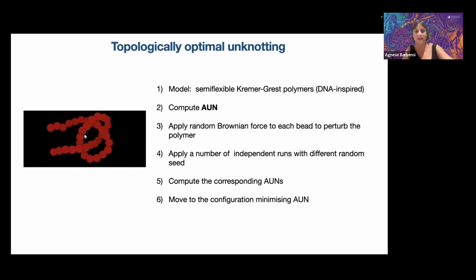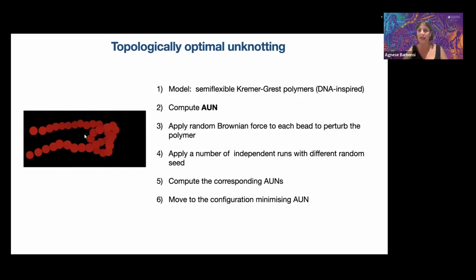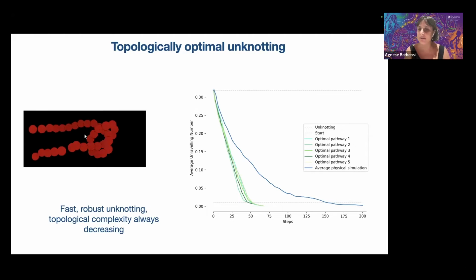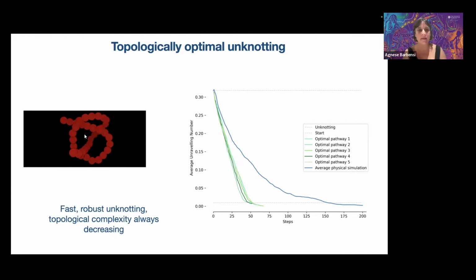You can see the two ends consistently move towards the knot core, towards the knot part, and they undo the knot at a constant speed. Now, this can be quantified by looking at different runs of these numerical simulations.